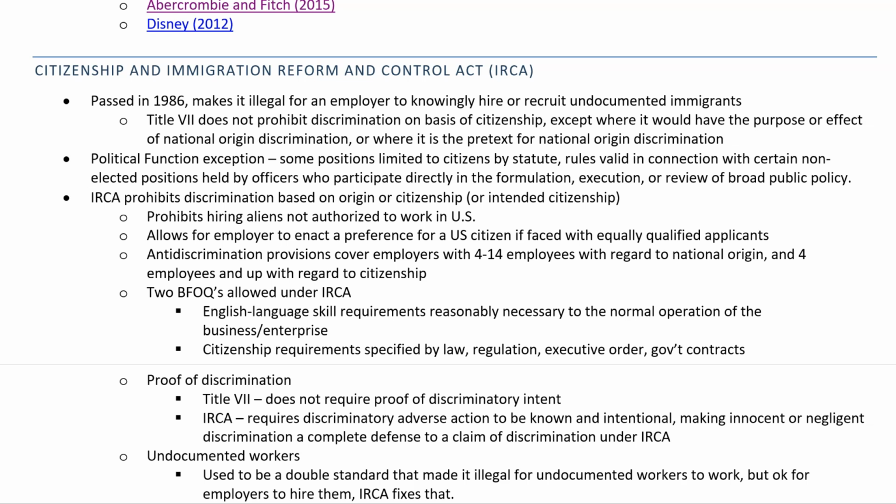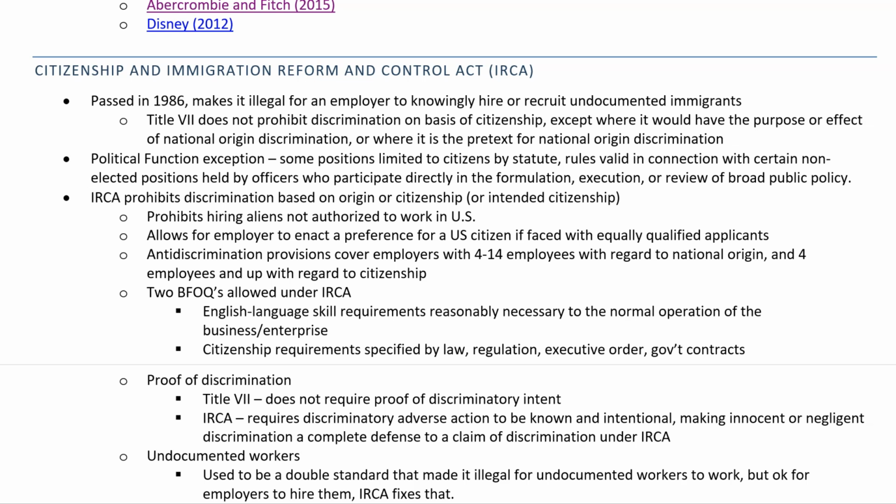It allows for an employer to enact a preference for a U.S. citizen if faced with equally qualified applicants. So if I have two equally qualified applicants, one is a U.S. citizen, one is not, then I can, as an employer, have a preference for U.S. citizens.